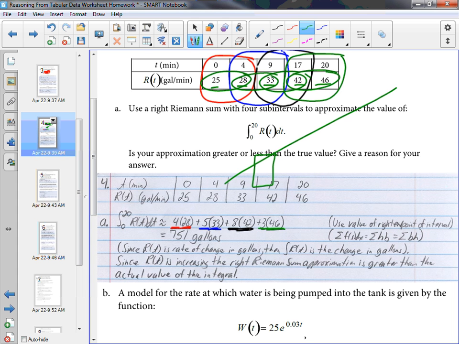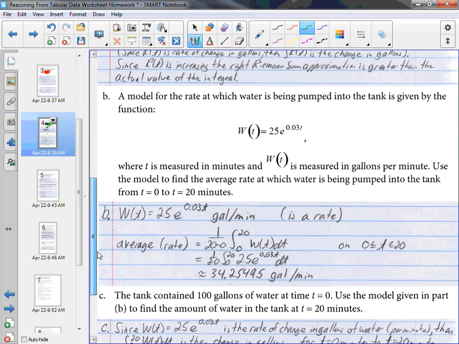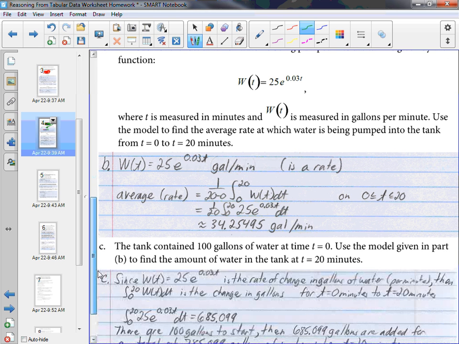Anything else? Or B. A model for the rate at which water is being pumped into the tank is given by the function W of t equals 25e to the 0.03t, where t is measured in minutes and W of t is measured in gallons per minute. Use the model to find the average rate at which water is being pumped into the tank from 0 to 20.